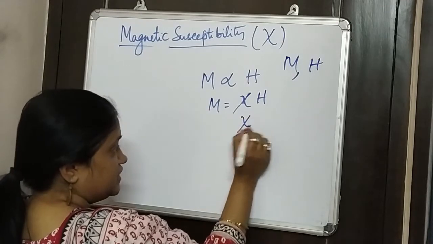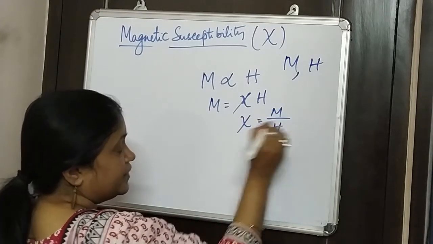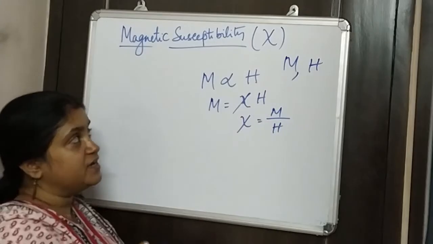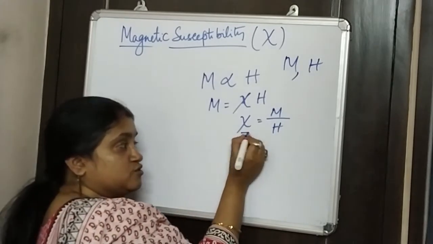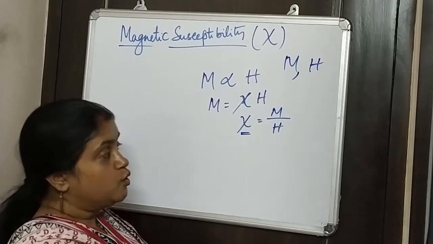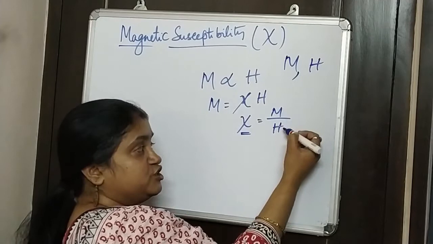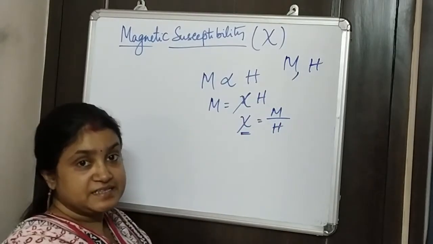So when we take chi, we can write chi is equal to M by H, and from here we can define this particular property called magnetic susceptibility. So chi is called the magnetic susceptibility of the material, which is the ratio of magnetization to the magnetic intensity.